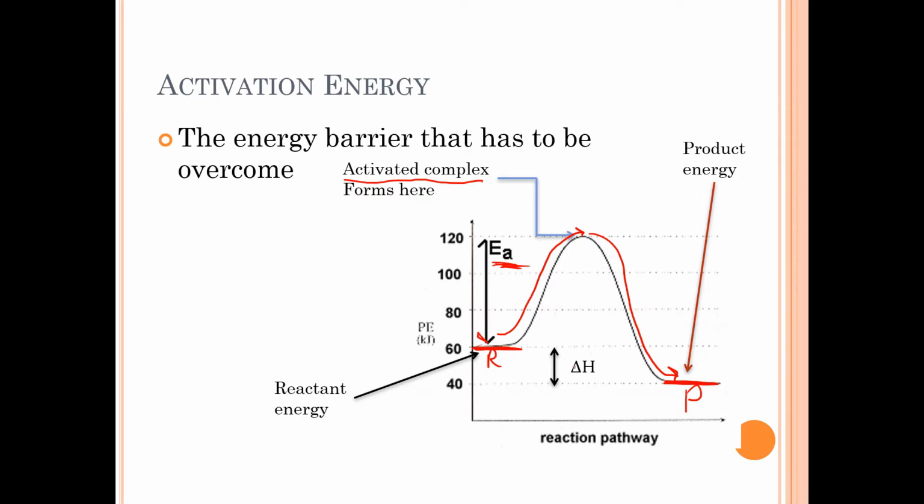Some reactions will have very low delta H, but could have very high activation energies. Other reactions will have very low activation energies and really large delta H's. Activation energy is another requirement to overcome, the energy requirement in order to start a chemical reaction.